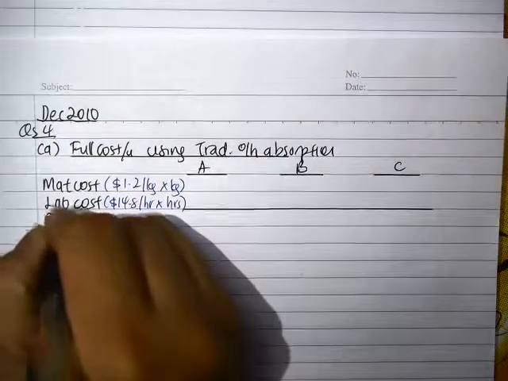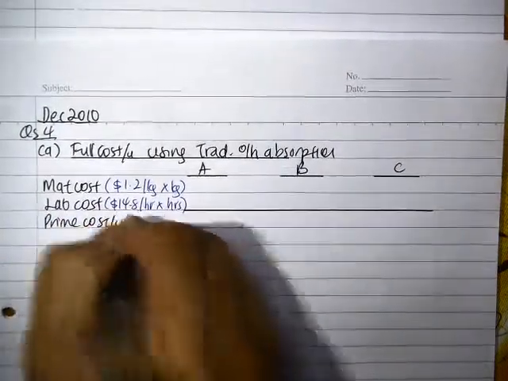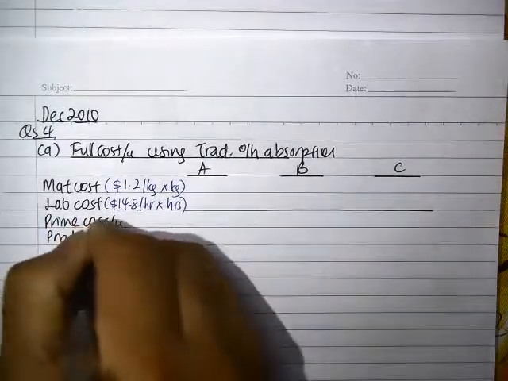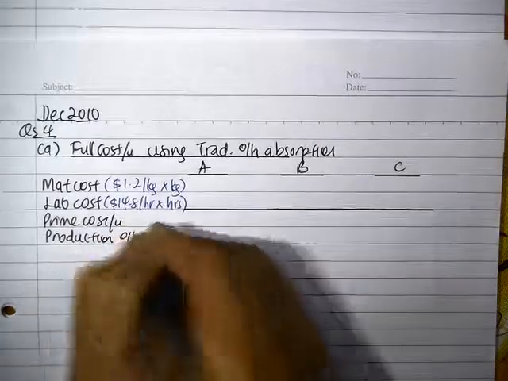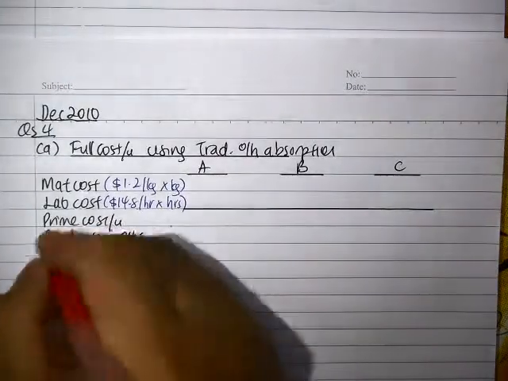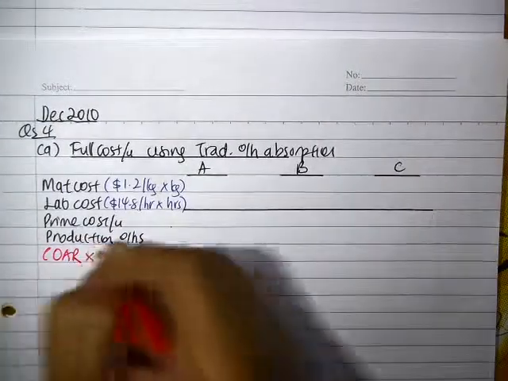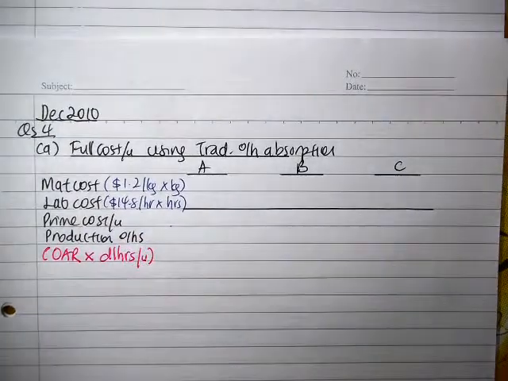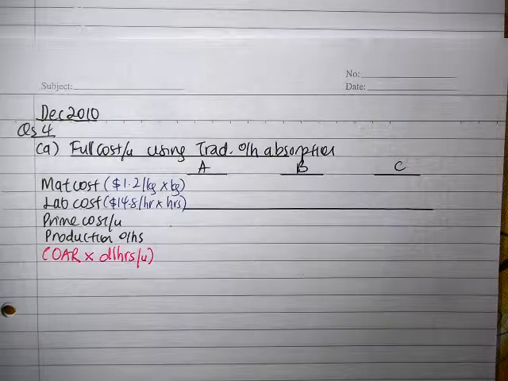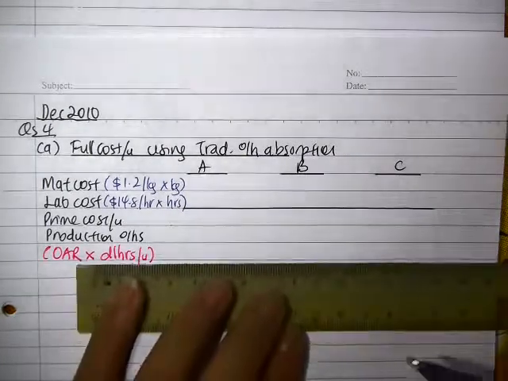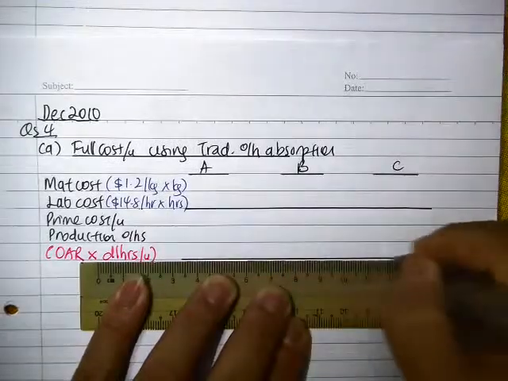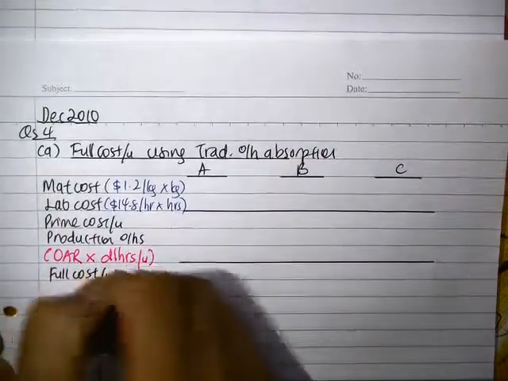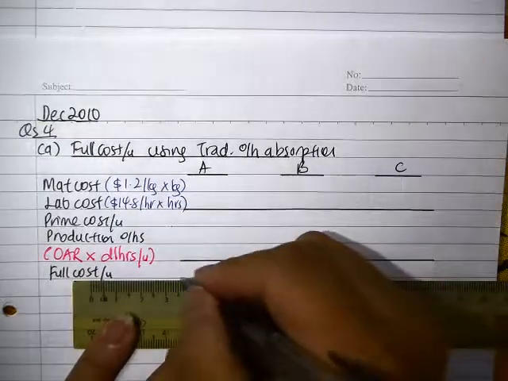That's your prime cost per unit, and then you bring in your production overheads. Well, overheads will be your OAR, and they want you to absorb using labor hour. Right, that's your full cost per unit.